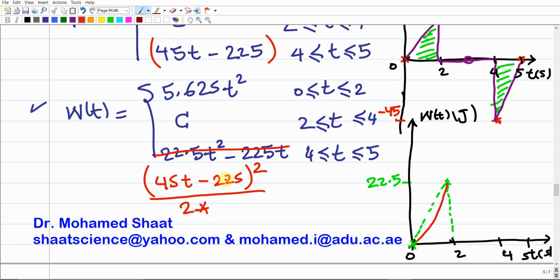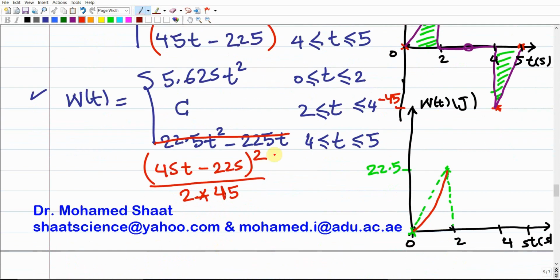The derivative of the bracket itself should be 45, right? The derivative of this term is just 45. This gives us this function, which is the correct representation of it.